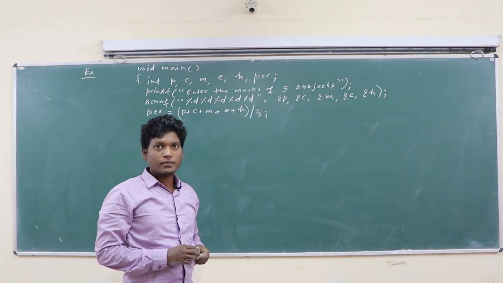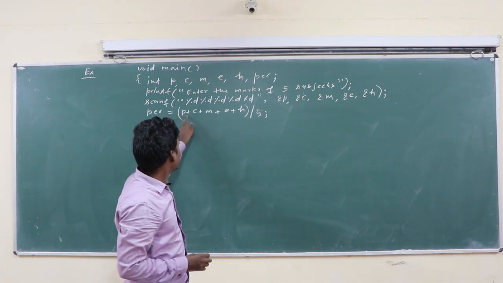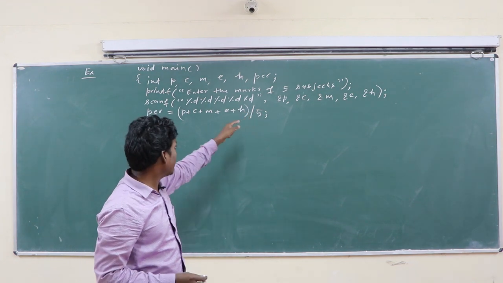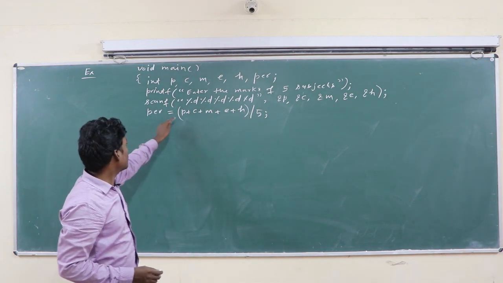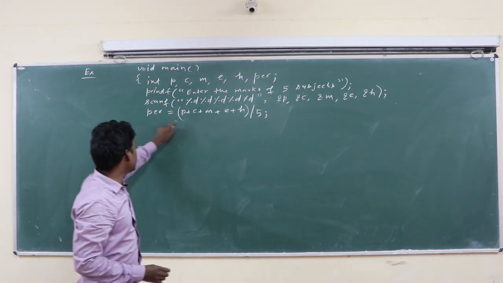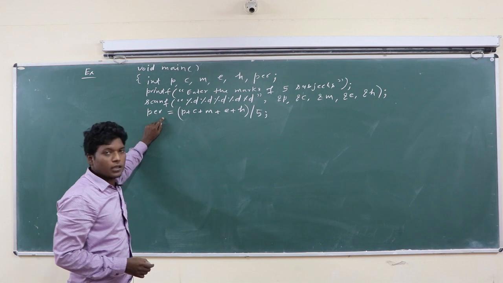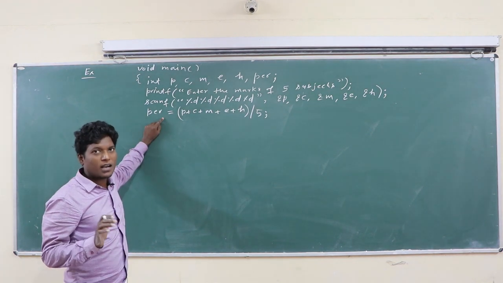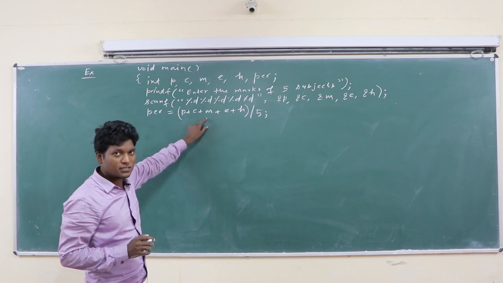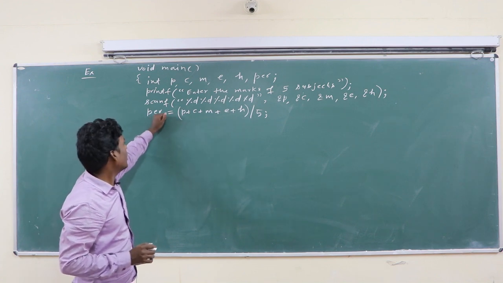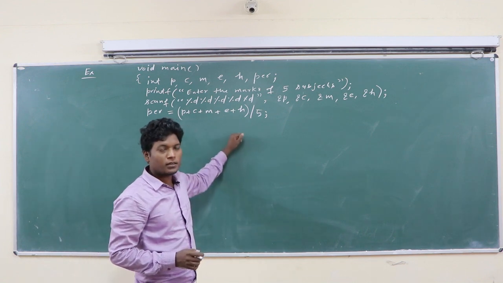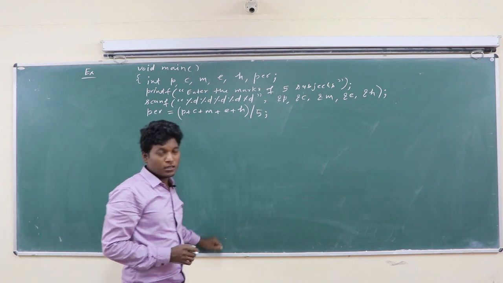If subjects have 100 marks each, then the sum of all subjects divided by the number of subjects will generate the percentage, and this result is assigned to per.